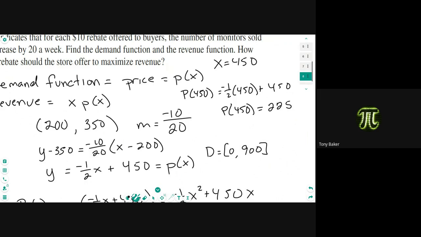Is that what they're asking me? How much off? So now I got to take the 350 and minus the 225, which is $125. That's the answer.